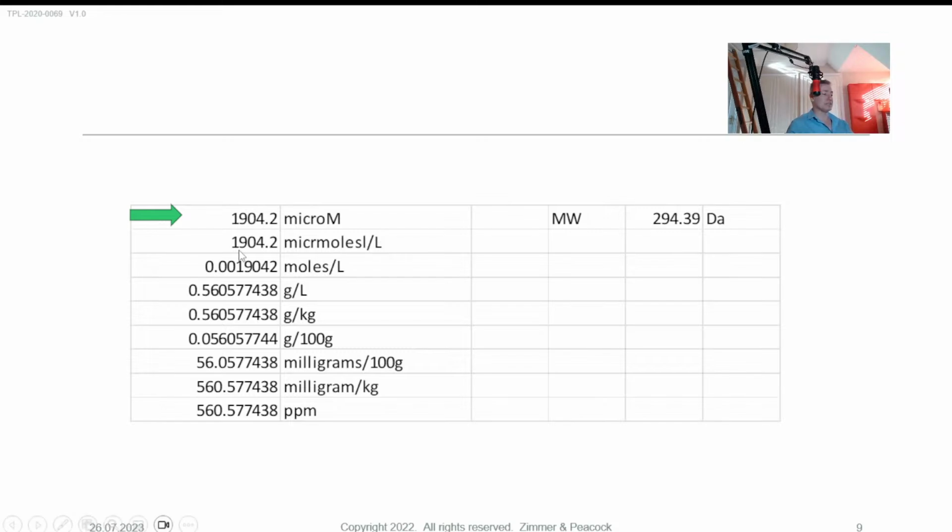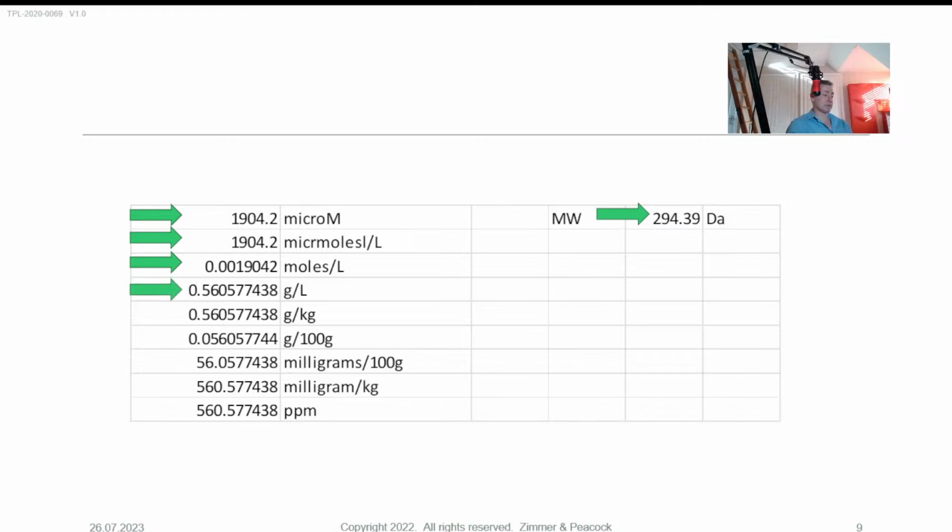It's not the easiest unit, I would say. So what I've then done is divide by 1,000 to give moles per liter. I'm trying to get myself towards what they want. And then I've multiplied by the molecular weight: 0.0019 times 294.39.